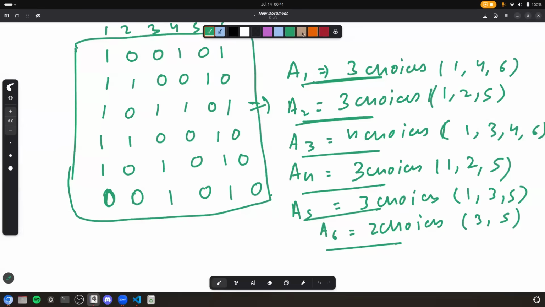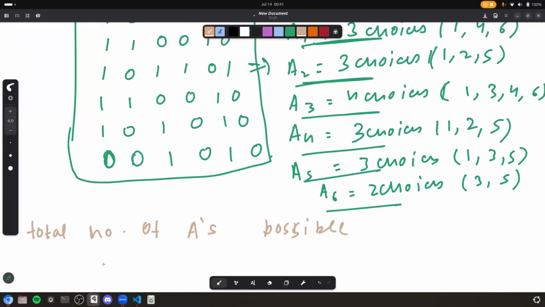So basically I can say that total number of A's possible would be just 3 into 3 into 4 into 3 into 3 into 2. Basically, the first element can be three different values, and the second element also has three different choices.